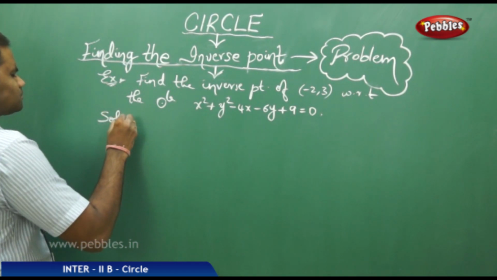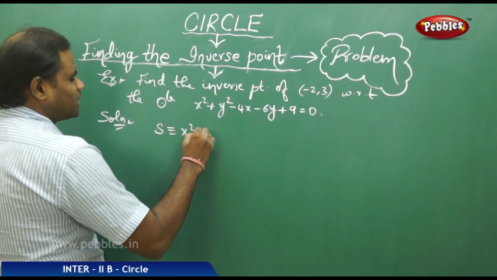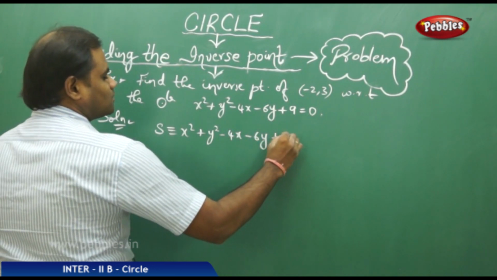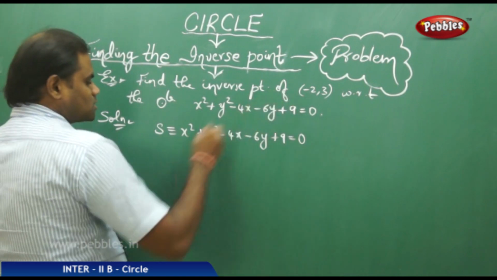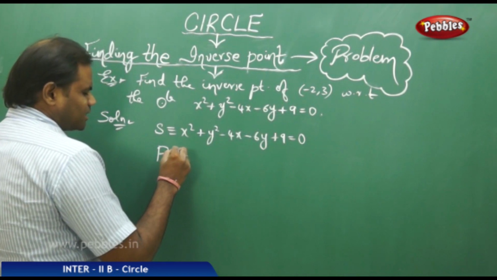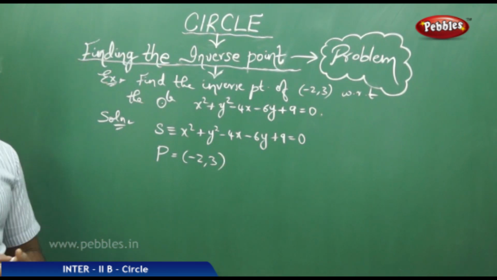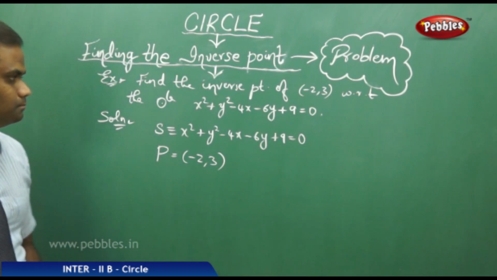So here I clearly have the circle S = x² + y² - 4x - 6y + 9 = 0. One of the inverse points is given, say I take it as P, which is (-2, 3). Now the question is to find the other inverse point.